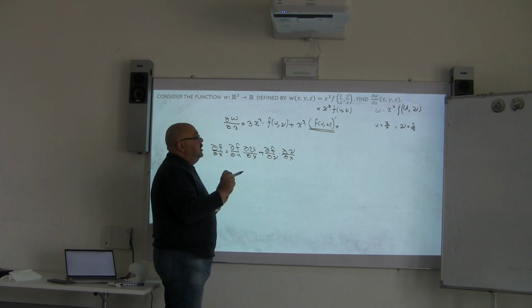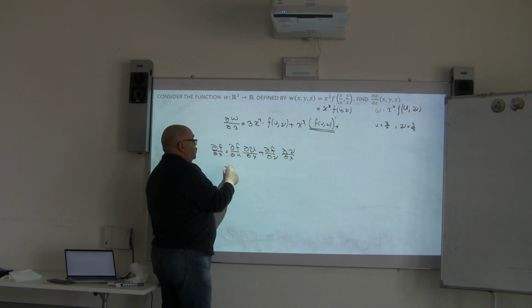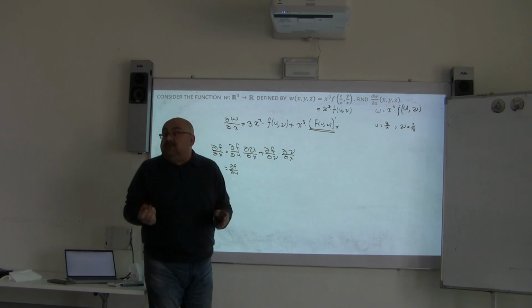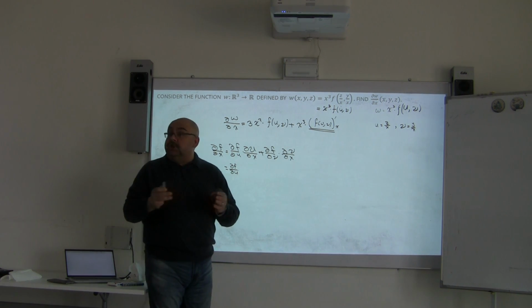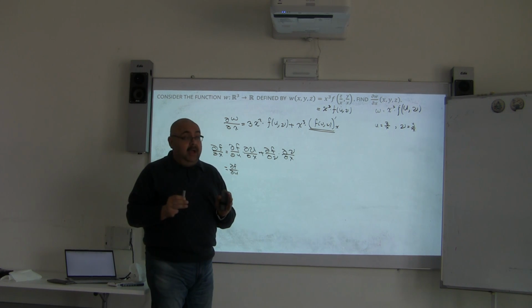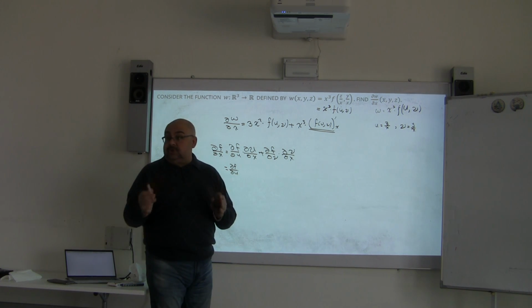I will exactly do that. So it's going to equal to partial f, partial u. It will remain because I have an arbitrary function, a general function. It's not actually identified with respect to it.